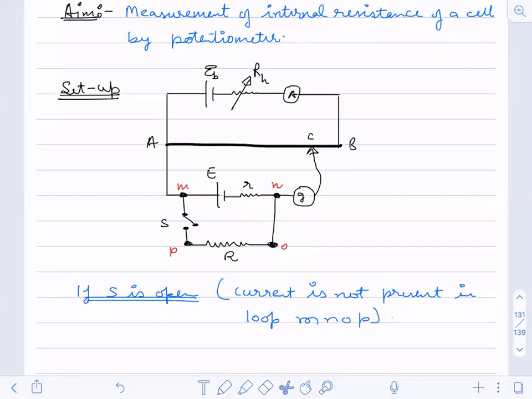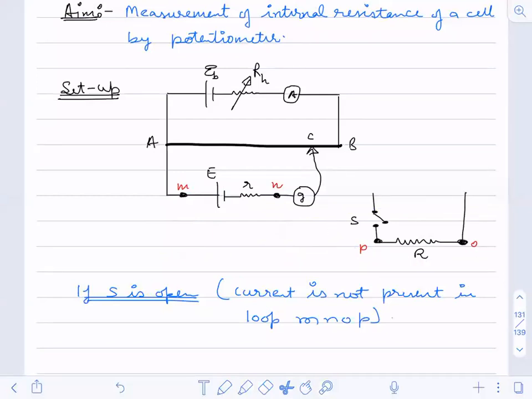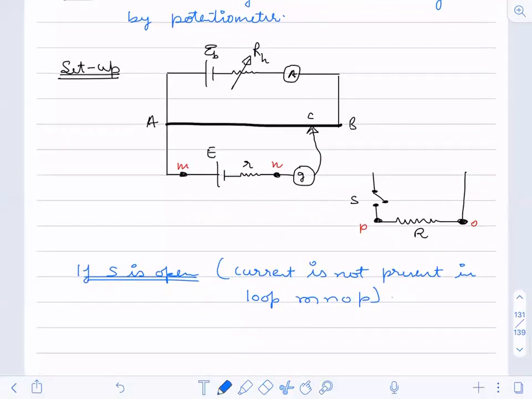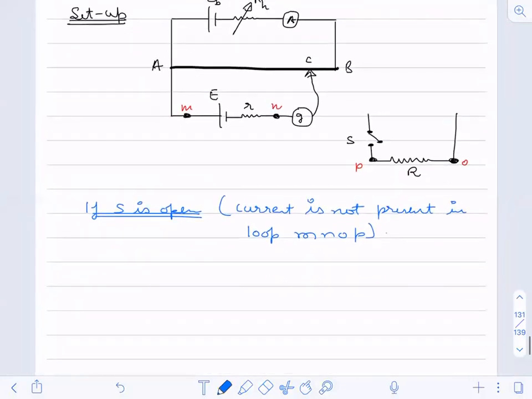It will be typical experiment number 1. If I remove this, actually this should not be there. So if it is not there, it is typical experiment 1. Using that, the balancing point, the null point of potentiometer, will be what?